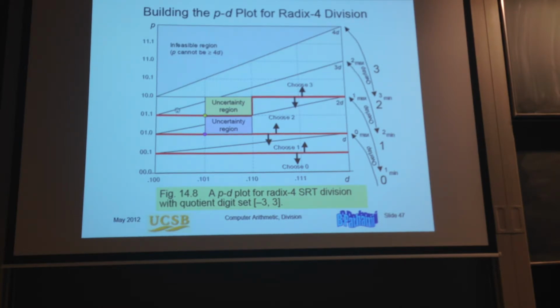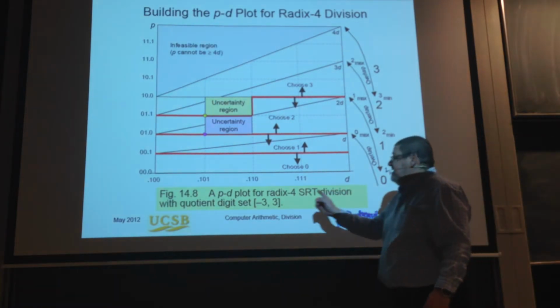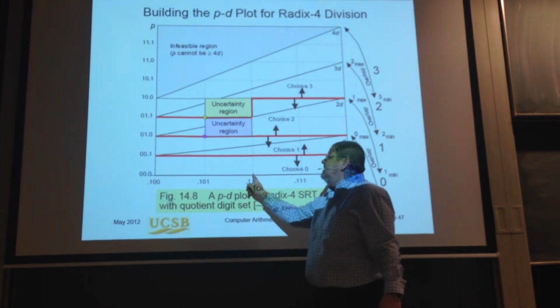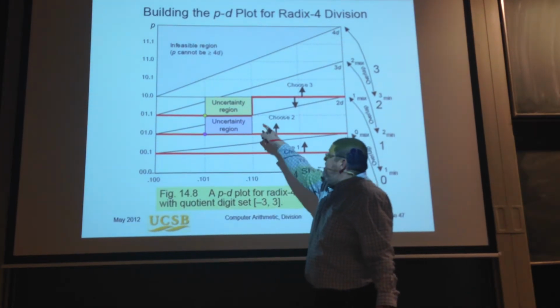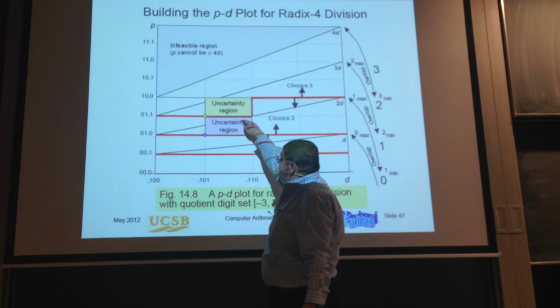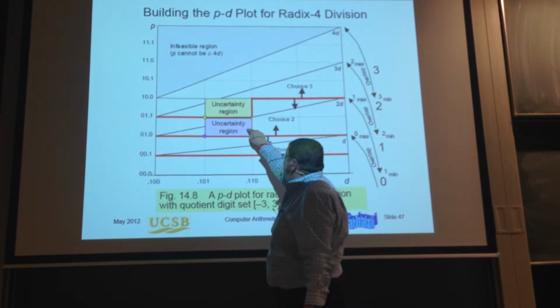Then what I see is that one line will not be enough. Then I put a staircase. And then I say, if D is smaller than this, and P is smaller than this, I choose a 2.